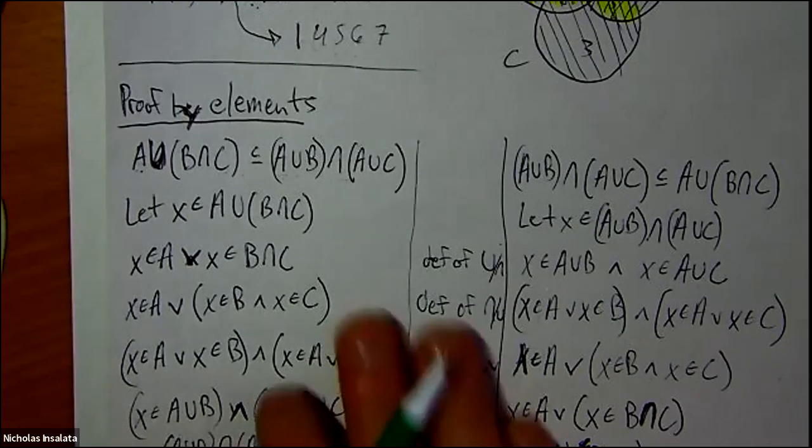Let's do a couple of the exercises that have, oh, I see. Those are in the next section. So in the next section, we'll be using algebraic proofs. Let's do a couple more proofs by Venn diagram and proof by elements first. And then in the next section, we'll be using those algebraic rules.